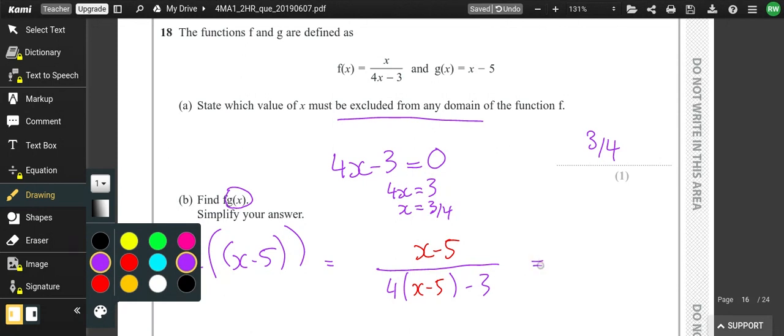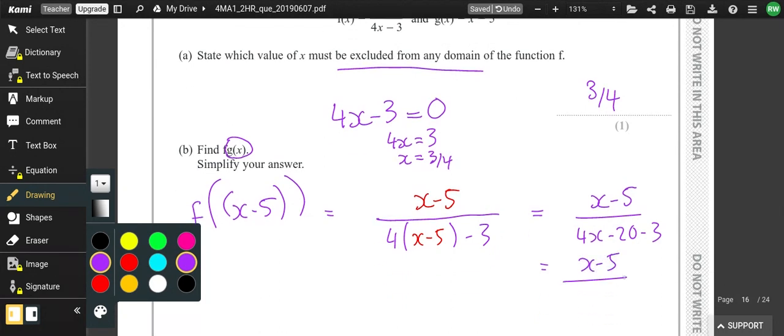Okay? You can't cancel x's like this. Some of you try to do that. All we do is just expand this out. 4x minus 20 minus 3. So we get x minus 5 over 4x minus 23.